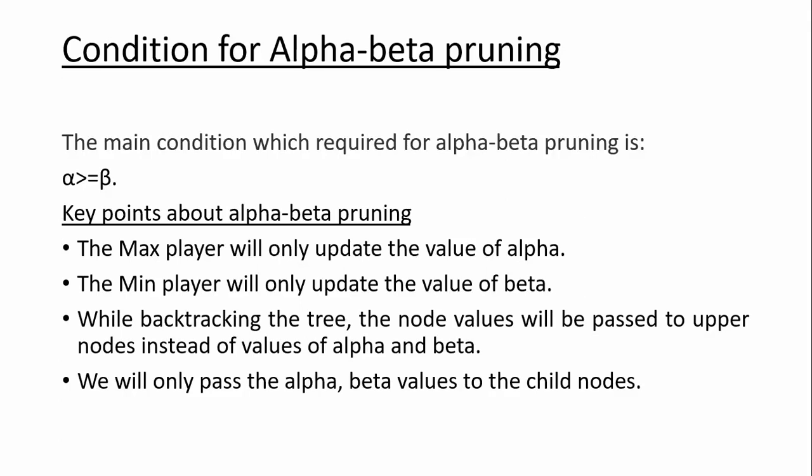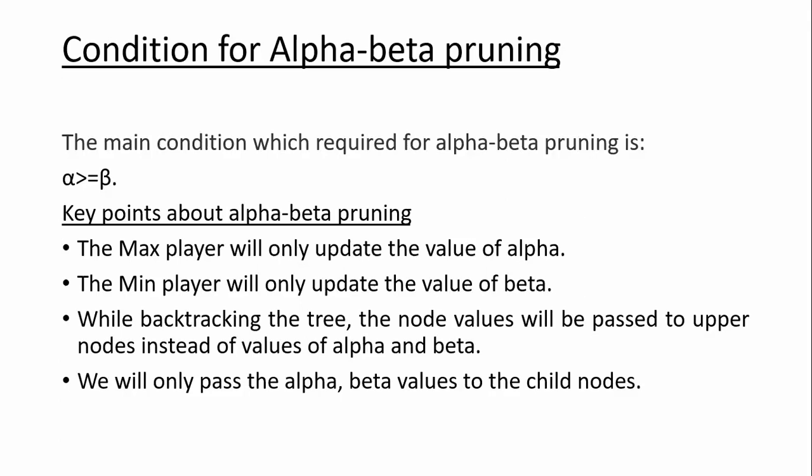After that, when we perform backtracking in the tree, only the node value will be passed to the upper nodes, instead of alpha beta. I will show in the problem how the node value is passed to the upper nodes when applying backtracking under alpha beta pruning. The alpha beta values can be passed to child nodes.